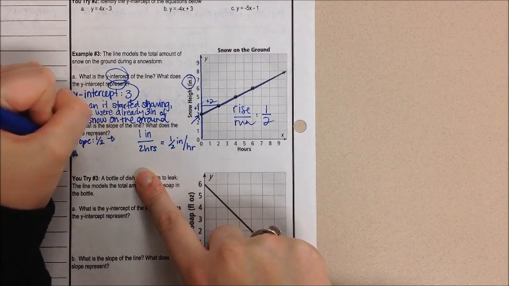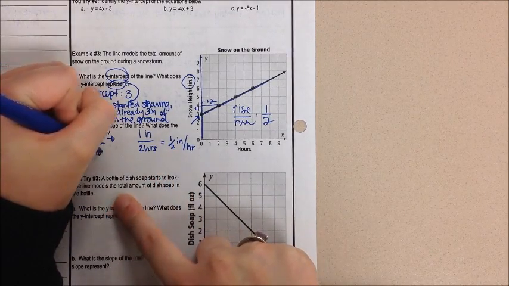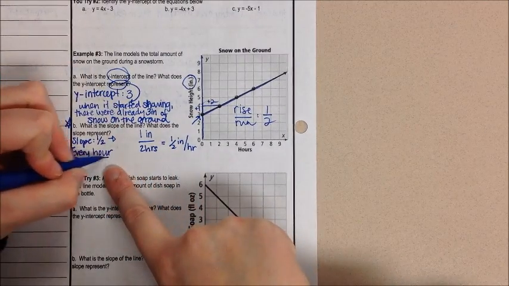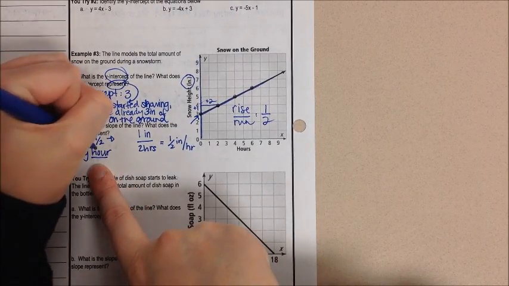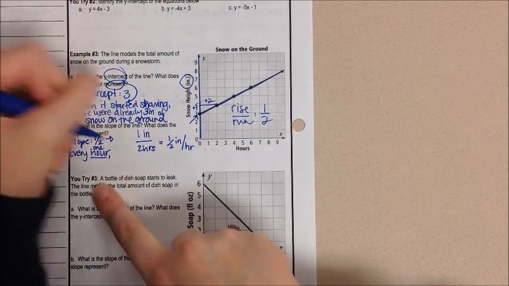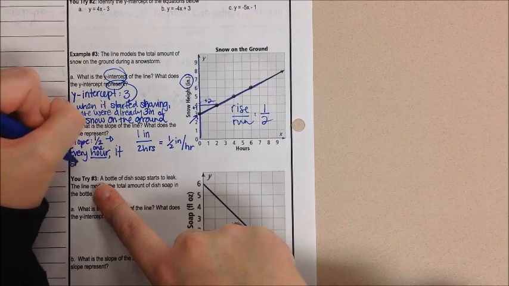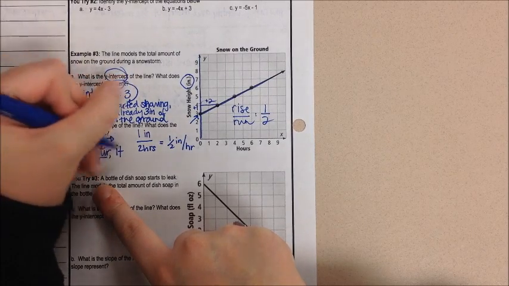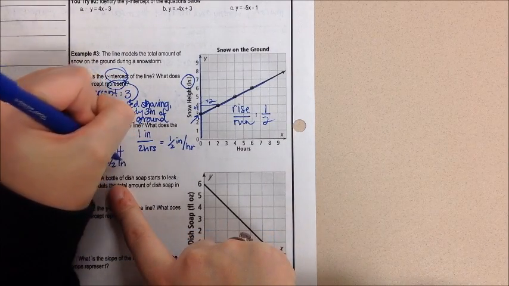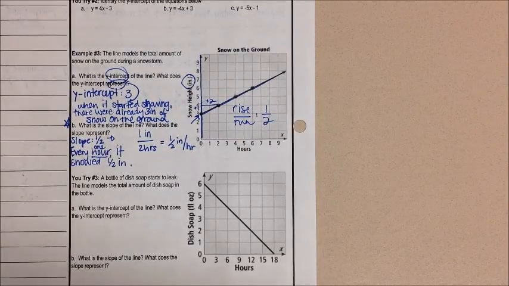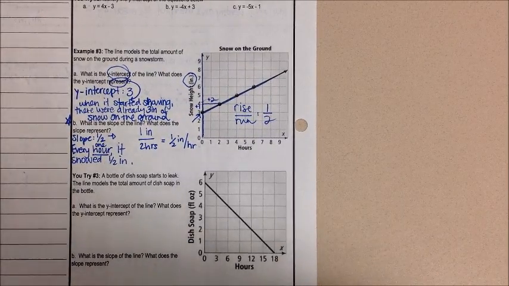Because remember, slope is for 1. So every 1 hour, it snowed 1/2 inch.